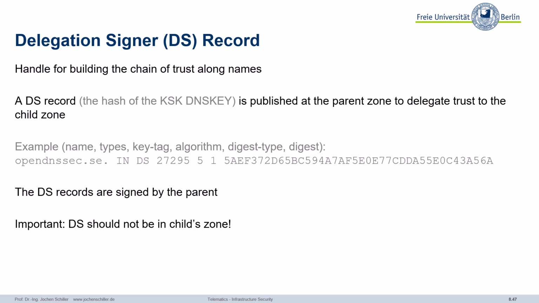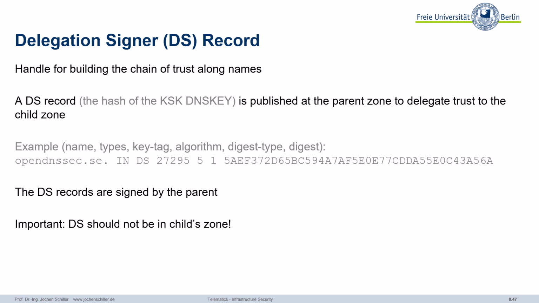So now how do you connect parent zones and child zones when it comes to trust? So we have the delegation signer, the DS record. And as I showed you in the table, the DS record is basically the hash of the key signing key, DNS key. And this record is published in the parent zone and used to delegate the trust to the child zone. Somehow we have to establish this chain.